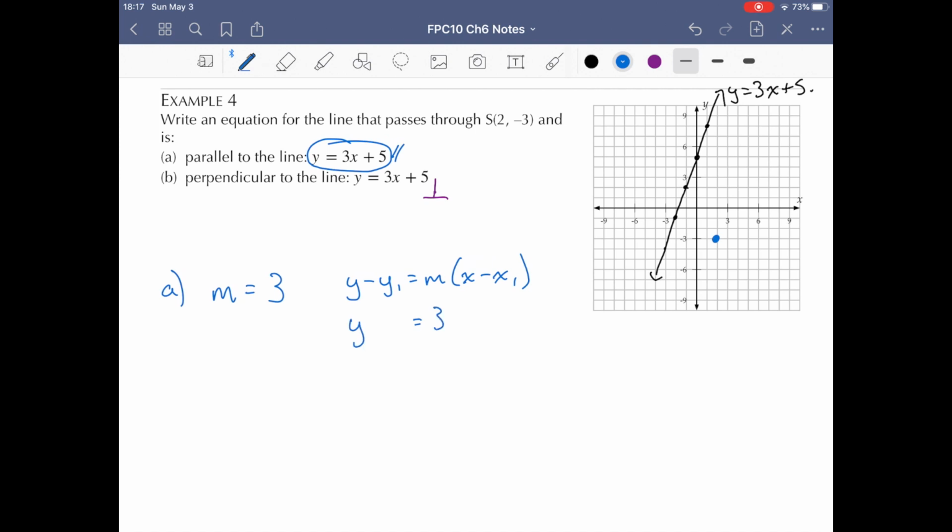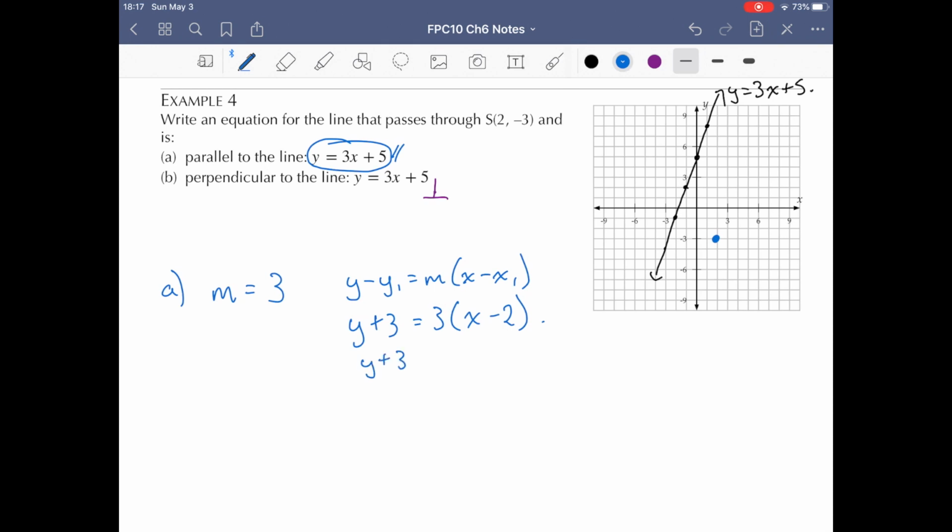And we know one of our points, our y point is -3, so we have to put a positive 3 in here. And our x here is plus 2, so we're going to put a minus 2 in. Minus 2.